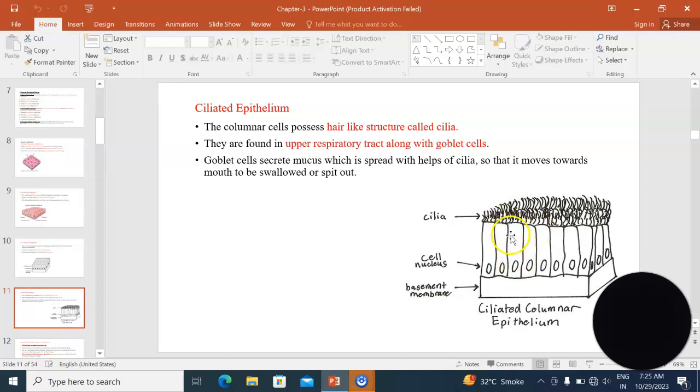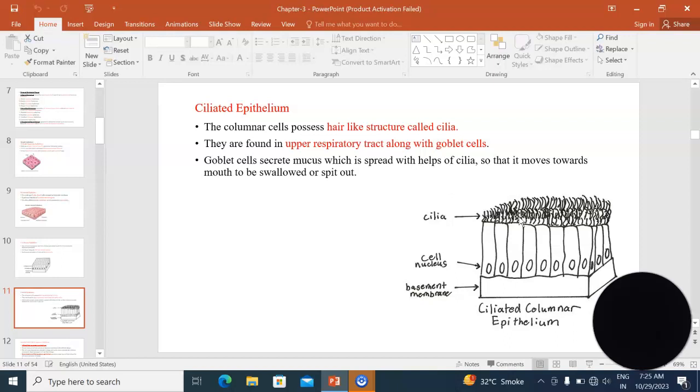Now the mucus which is secreted by the goblet cells is spread with the help of cilia, and it moves towards the mouth either to get spit out or to get swallowed.